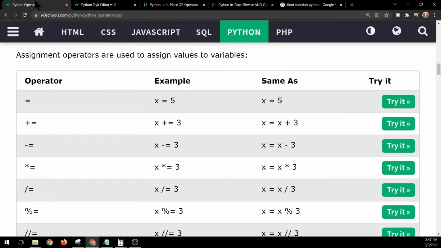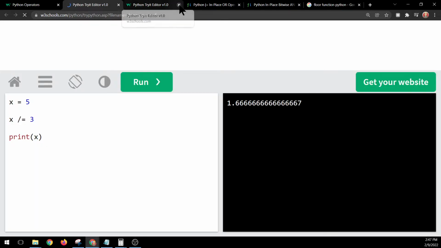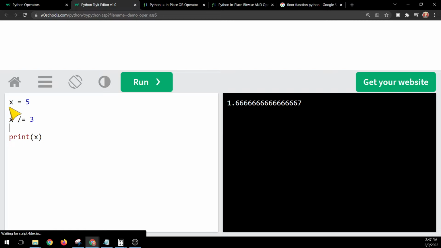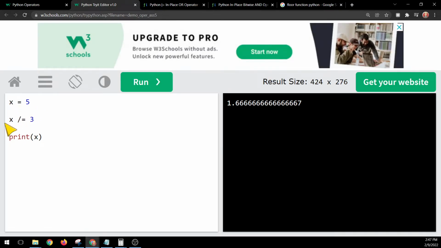Okay, let's try the next one. Divide equals. So x is equal to 5. x divide equals 3 would be the same as x is equal to x divided by 3. 5 divided by 3 is 1.6666.